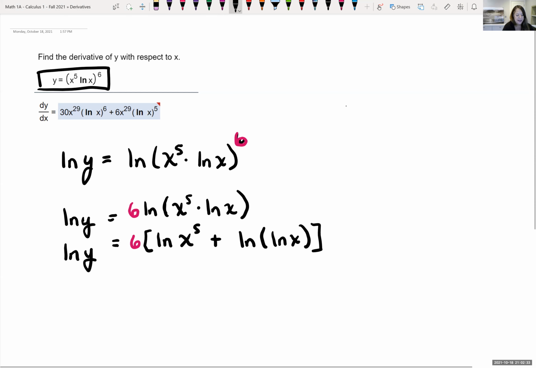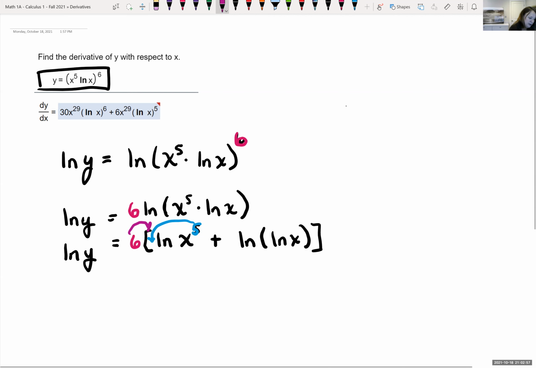Okay, so now again I'm going to use the rule of logs. I have this exponent here of x to the fifth, so I can use my rule to bring this down front. And at the same time, when we rewrite this, I'm going to distribute my 6.